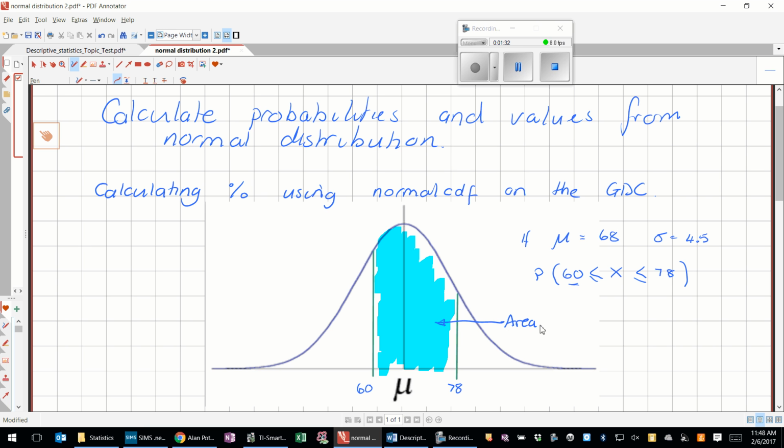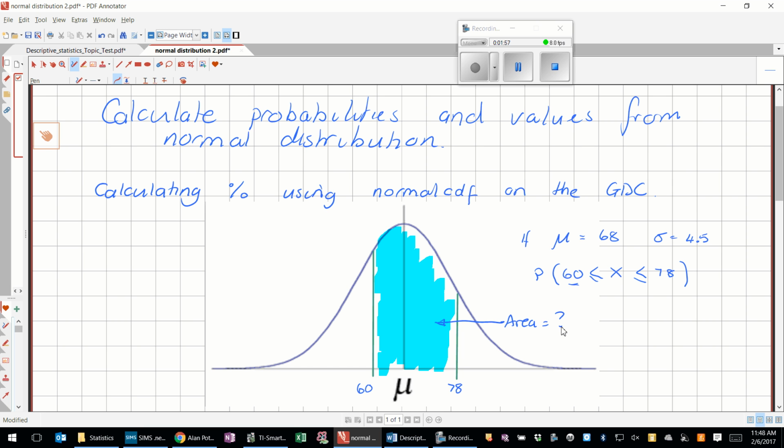What's the area of the curve? Now, because it's not whole values of standard deviation, we're going to have to use our calculator.